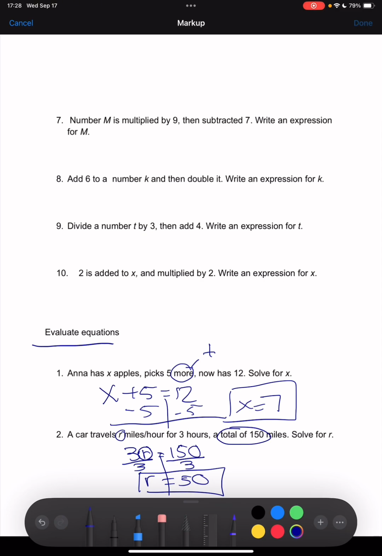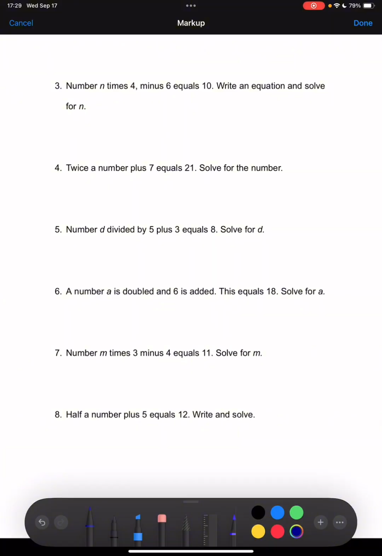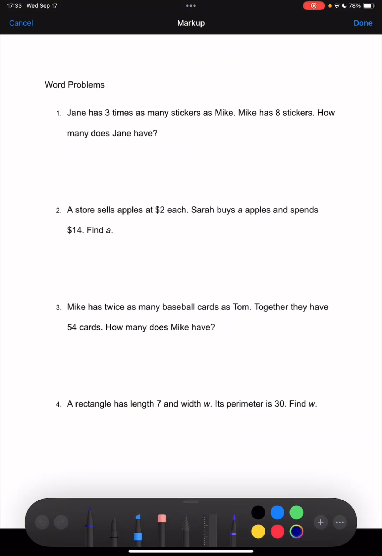Now you're going to work on numbers 3 and 8 by yourself. Last little bit, we're going to be working with word problems. Number 1, Jane has 3 times as many stickers as Mike. Mike has 8 stickers. How many does Jane have? So, we know that Mike has 8 stickers, and we know that Jane has 3 times as many as Mike.